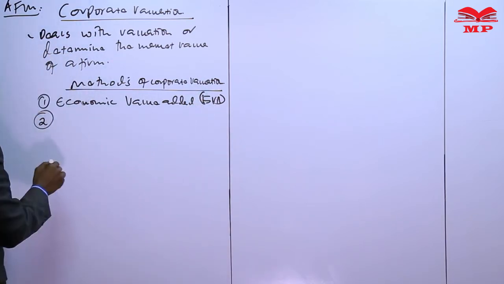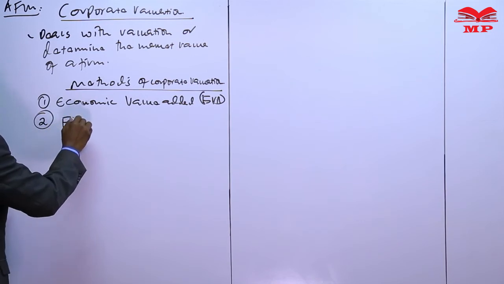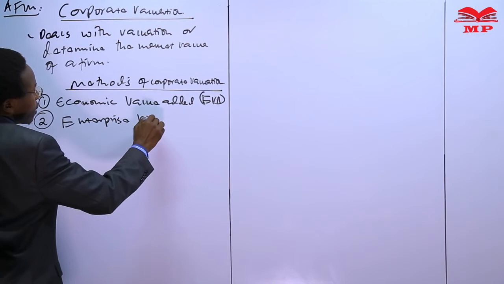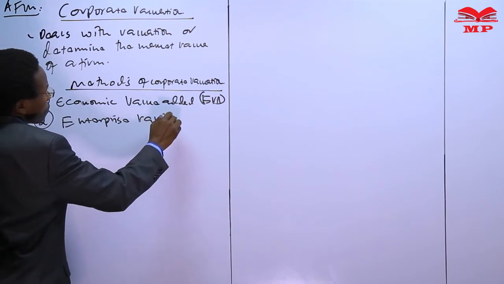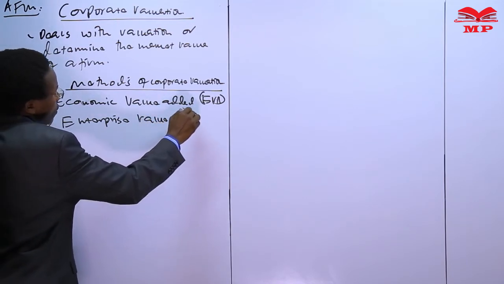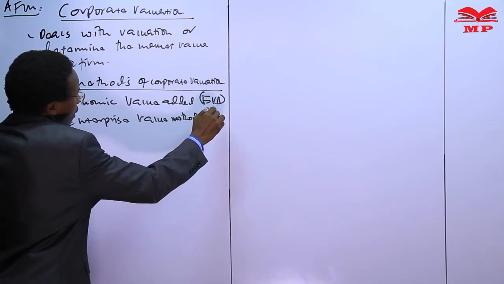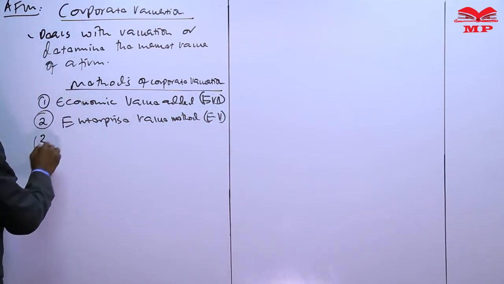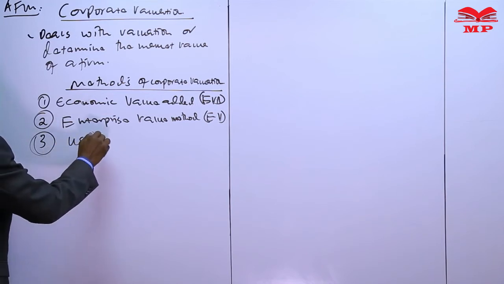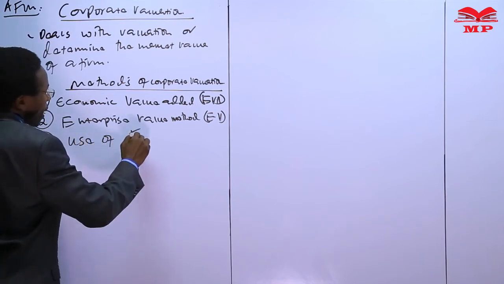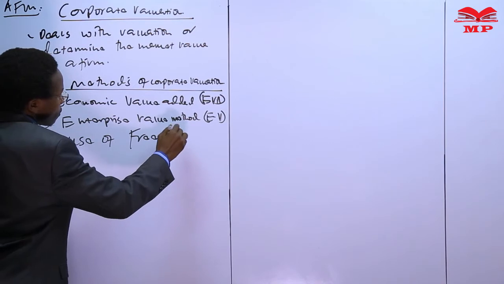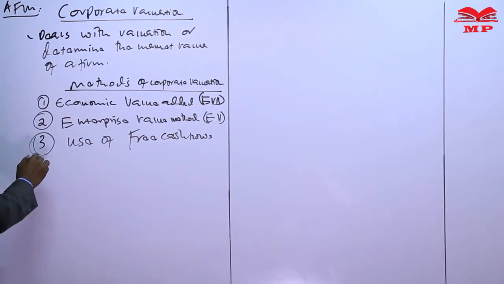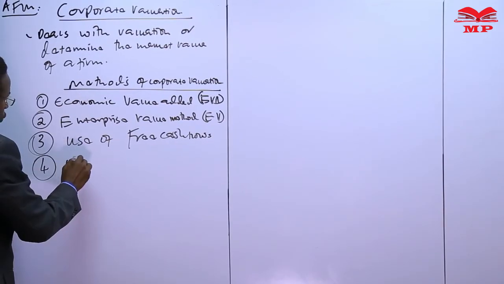Then we also have the enterprise value method, the EV. Three, we have the use of free cash flows.